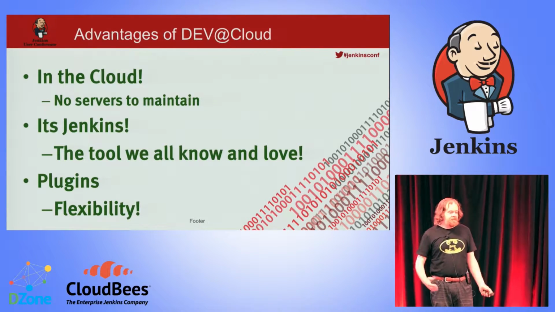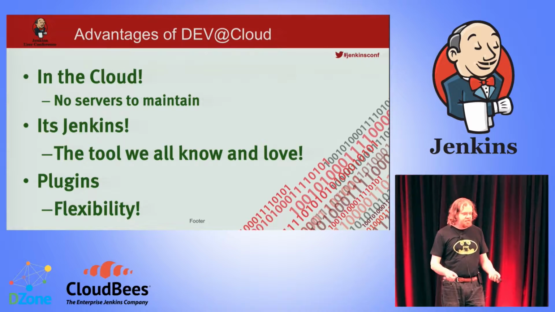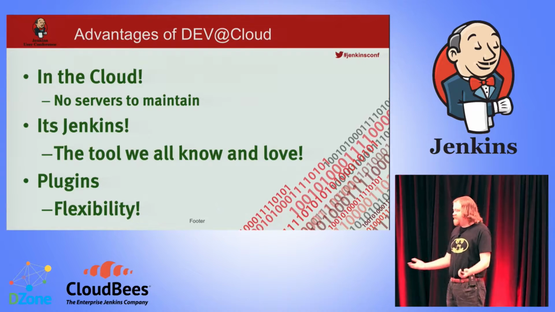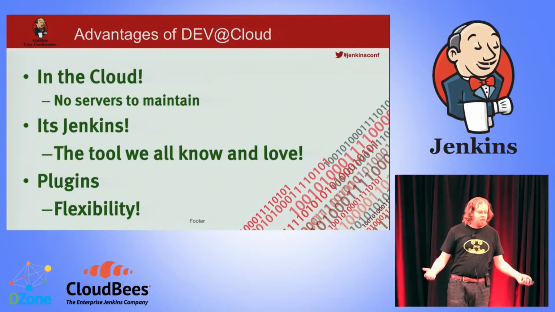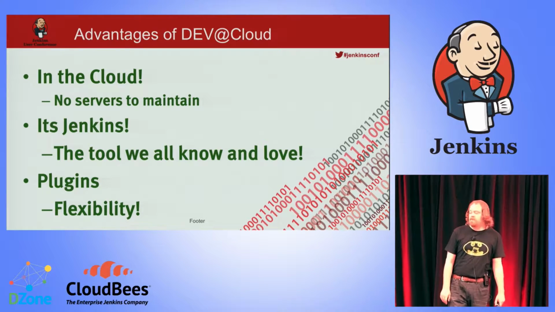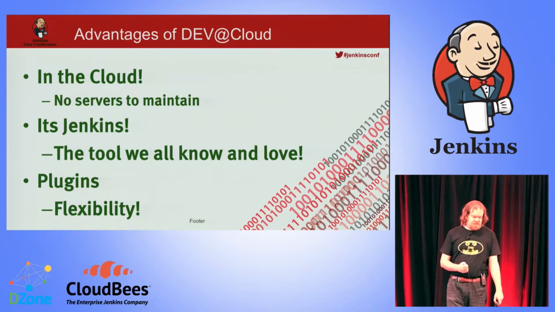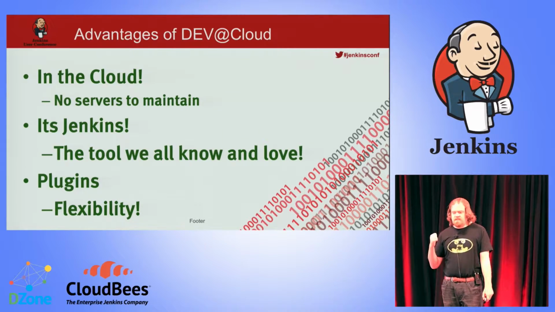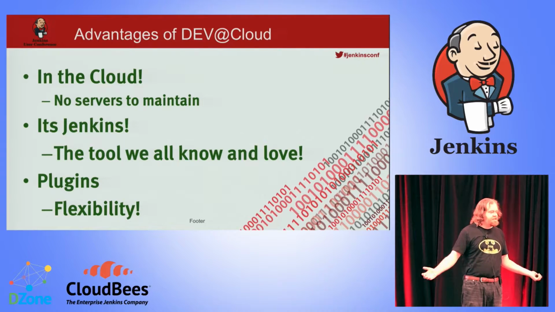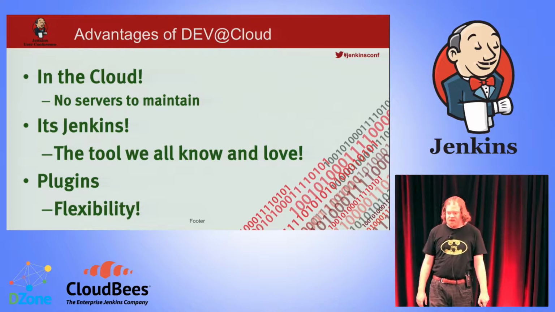So what do I like about DEVcloud? The things I like about DEVcloud is that it's in the cloud. I don't have to maintain it. It's Jenkins. This is a tool we all know and love and know how to use. Nothing new I have to learn or worry about. And one of the really awesome things about Jenkins is that it has many, many different plugins for pretty much any use case I might have out there.